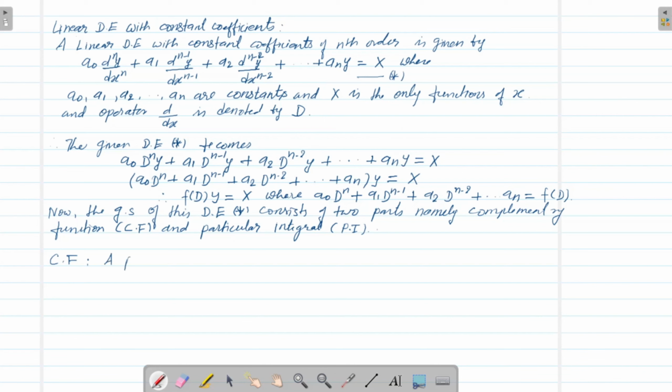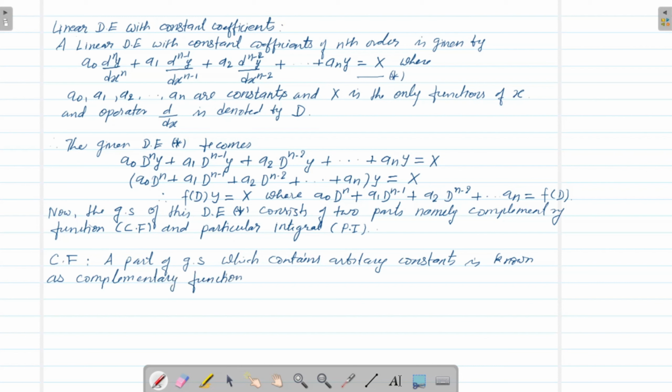A part of the general solution which contains arbitrary constants is known as complementary function, or you can say CF, that is YC.